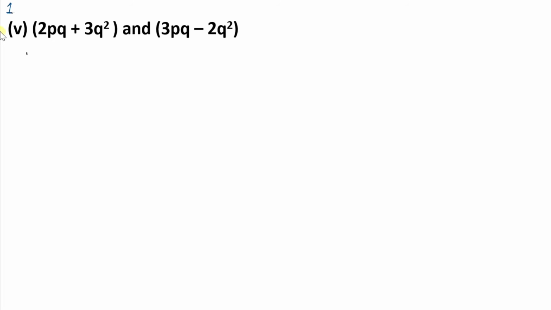So this is the product of two binomials. You know that while finding the product of two binomials, you need to multiply each term of one binomial with each term of the other binomial. So 2pq into this binomial and 3q square into this binomial.